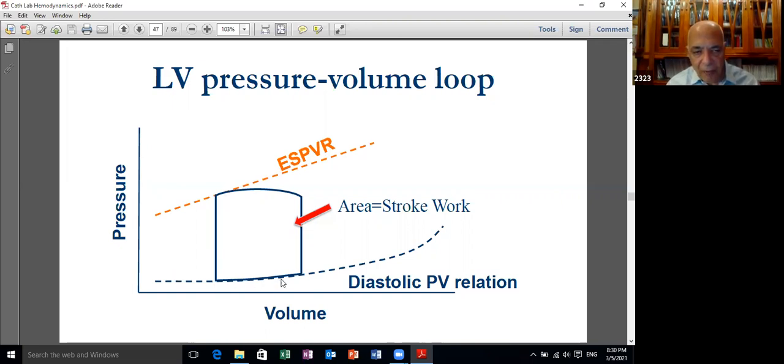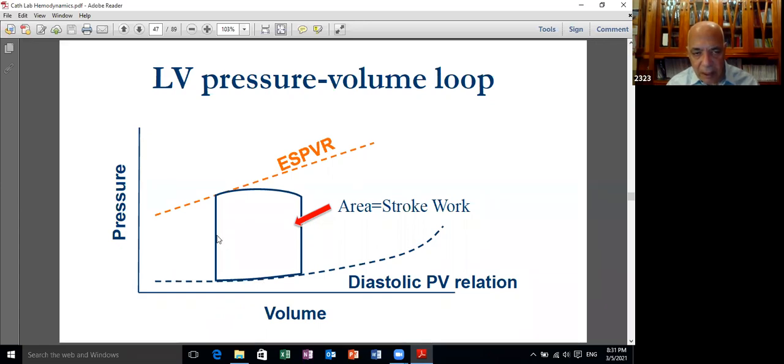If you start from the lower right corner, here is the mitral valve closure and the isovolumic contraction period. Here is the aortic valve opening, and you get the ejection. It ends at the line which is a surrogate of cardiac contractility. The aortic valve closes here, and then you get the isovolumic relaxation period. The mitral valve opens here, and you get filling of the ventricle.